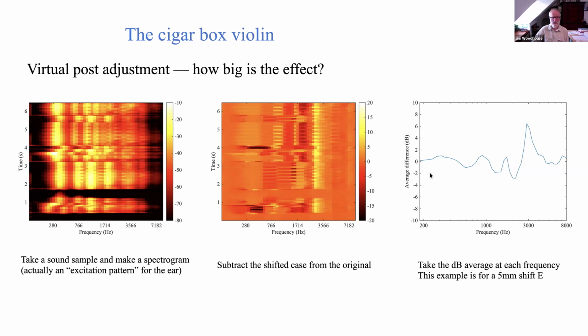This is the decibel average based on real music and on something that's vaguely perceptually relevant. And there are wiggles up and down. In particular, there's one peak just around 3 kilohertz. The shifted one is actually 6 dBs louder on average. So that's this yellow stripe here coming through strongly in the average. So fix in mind what that plot is. That's showing the effect, as a function of frequency, of a particular shift of the soundpost.